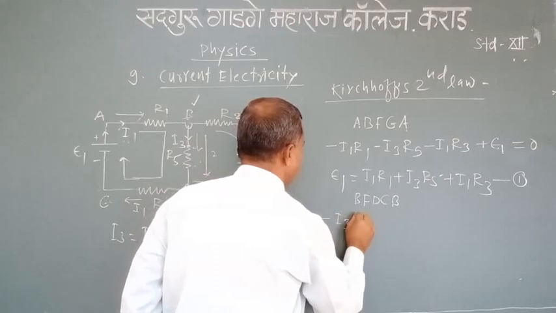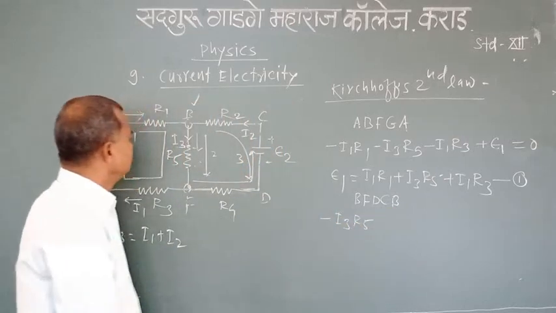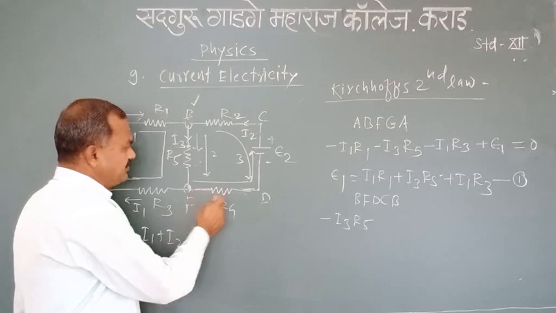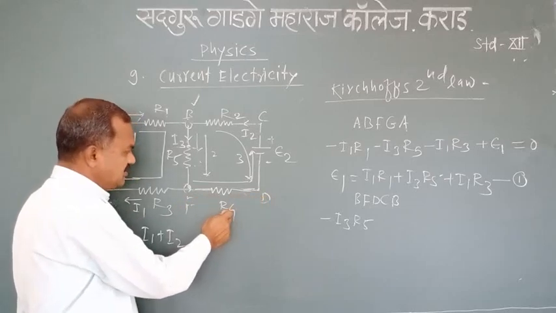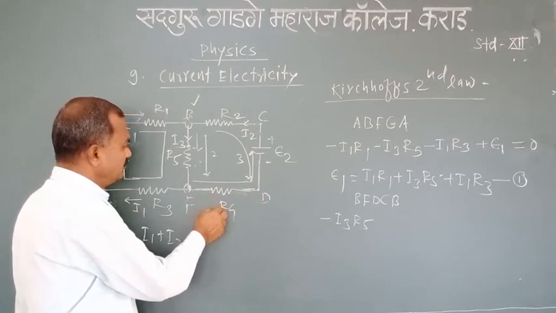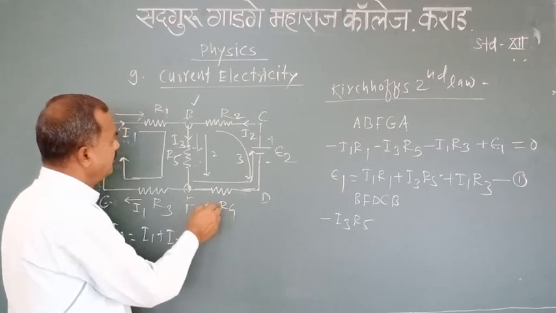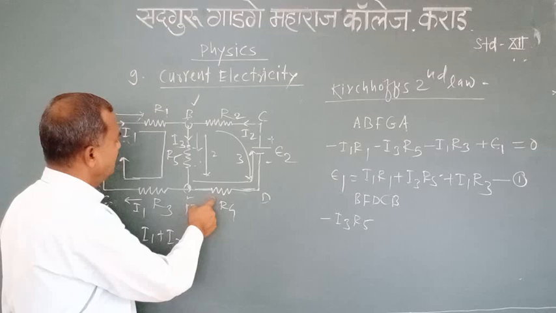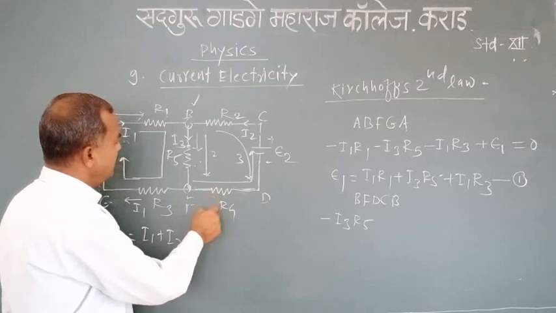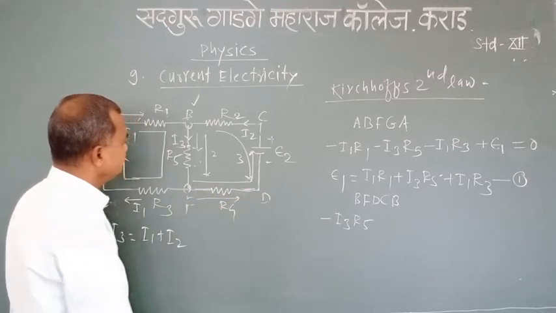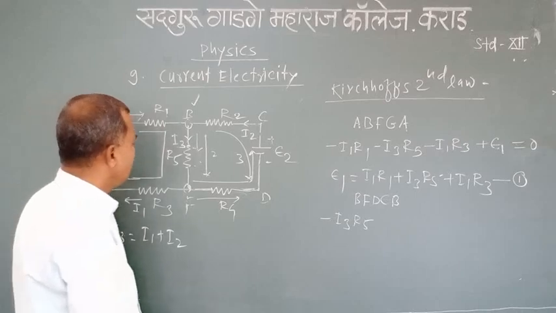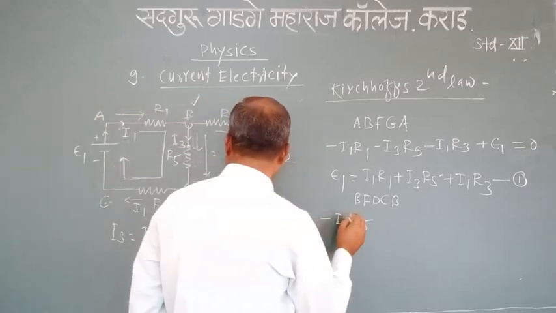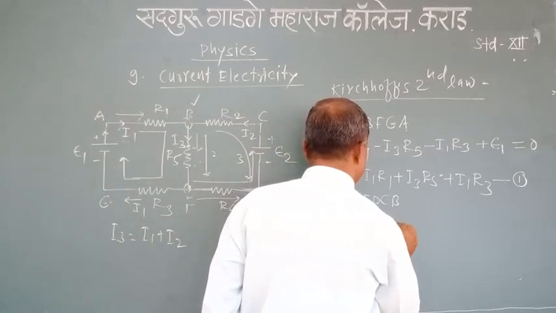Minus I3 R5. Then from F to D, resistance R4, current I2. The direction of current is the same as the direction of tracing the loop. Therefore the product I2 R4 becomes negative.